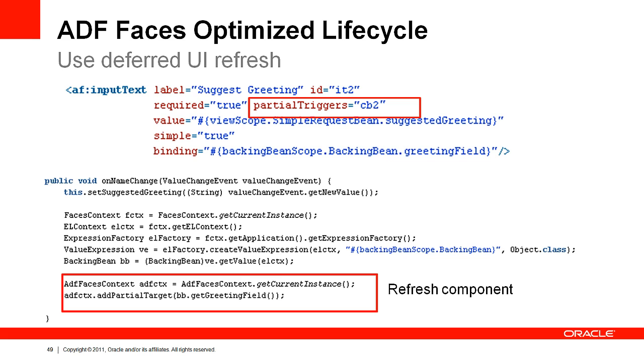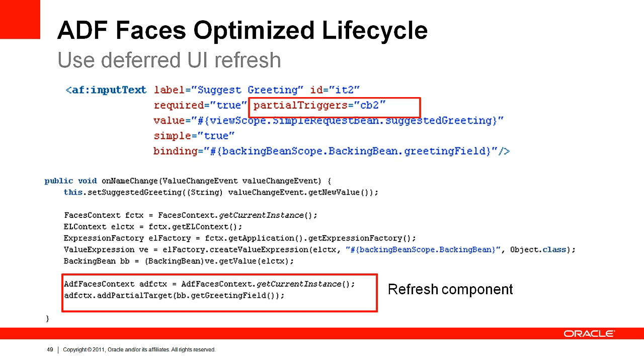through the backing bean reference that we also used before. So we still have a component binding on the greeting field, and we access the greeting field through this component binding. The little code that we show at the bottom in this red rectangle will programmatically trigger the refresh of the greeting field. Because we do this as part of our coding, the submit goes through the optimized lifecycle, so it's not causing any validation to happen on the greeting field and on the date field, which is exactly what we want.